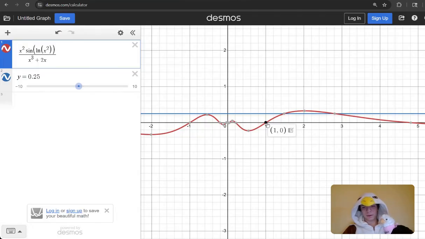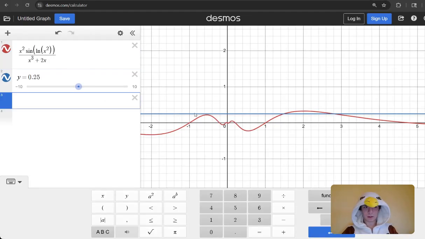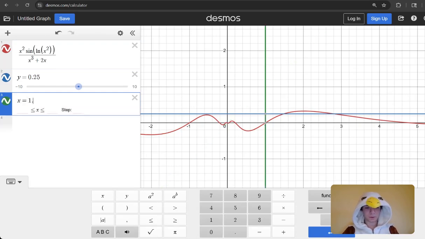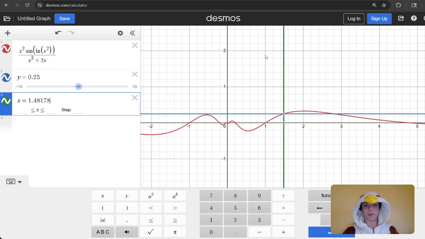So we're starting at x equals 1, and Jackie's going to fly up here, and you can see the first time she's going to run into this line is at x equals 1.48178. We want to input that line into Desmos.